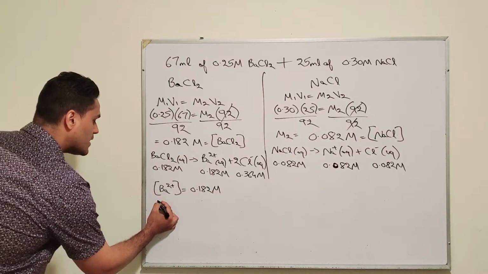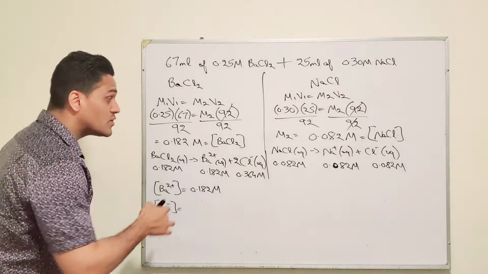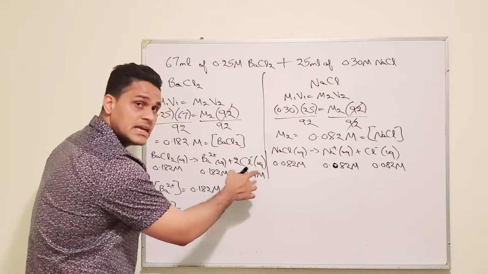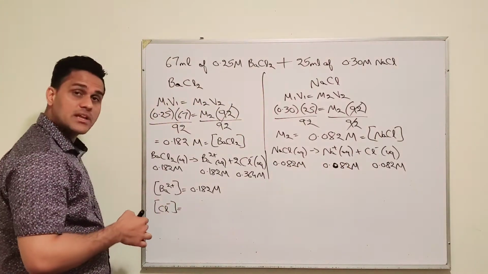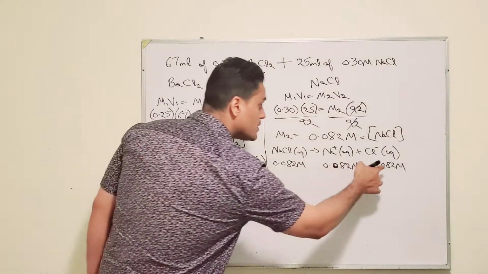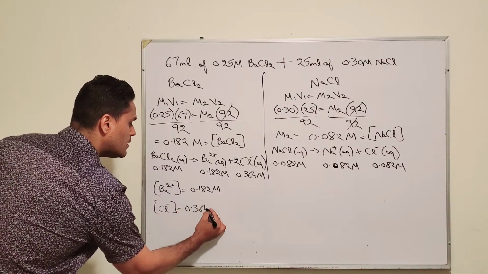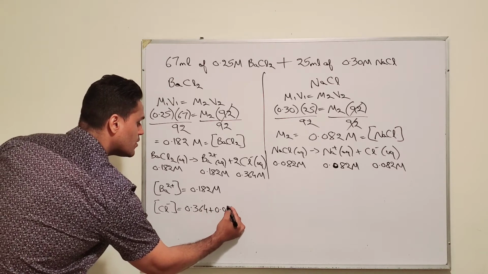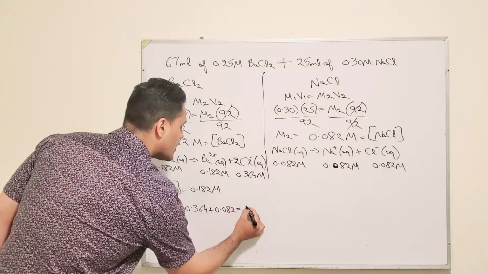For Cl-, now guys, this one's tricky. Your Cl- shows up over there and it shows up over there. So our final concentration of Cl- is going to be this number plus that number. So that's just going to be 0.364 plus 0.082. Okay? Roughly it's going to be 0.45.